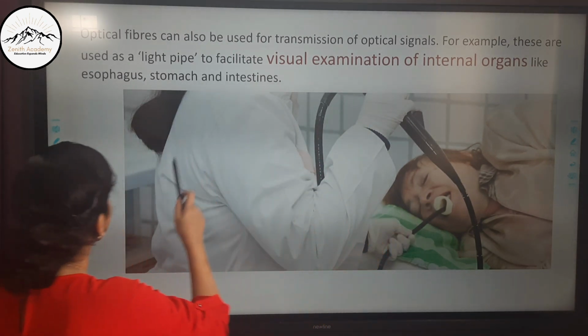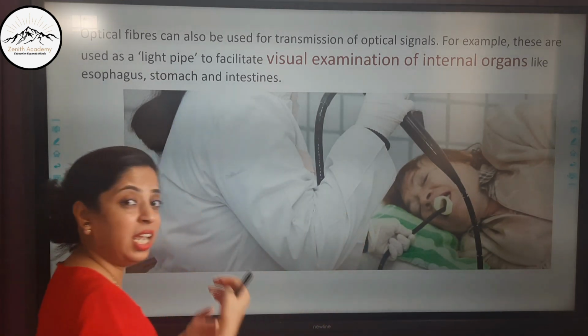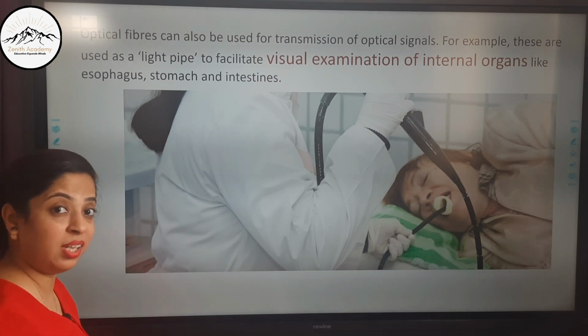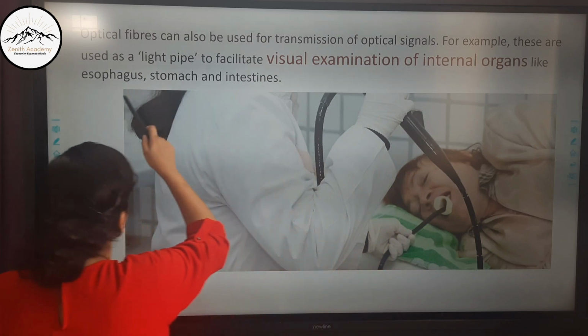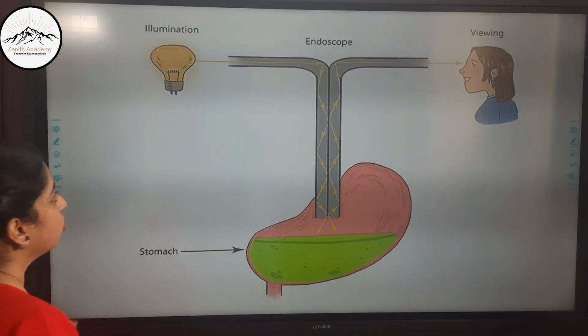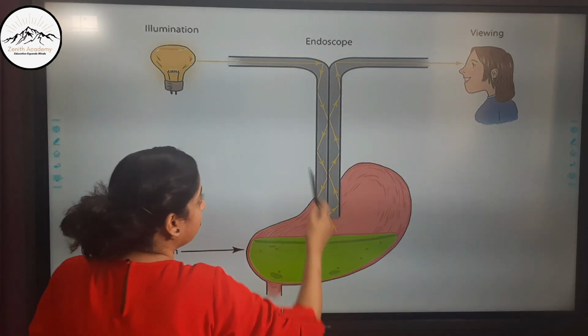Now, for example, these are used as a light pipe to facilitate visual examination. When you want to see the inside organs, so for visually examining the internal organs, like esophagus, stomach and intestine, you use this. So see how it is done. So these are the optical fibers.